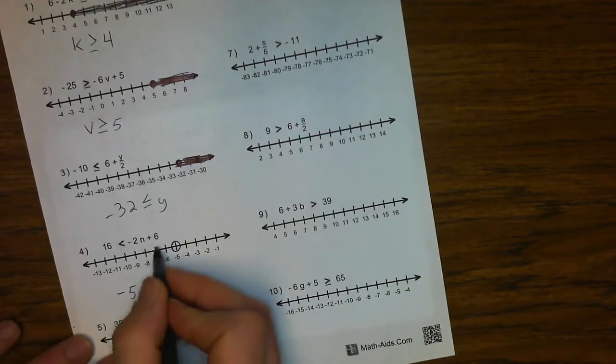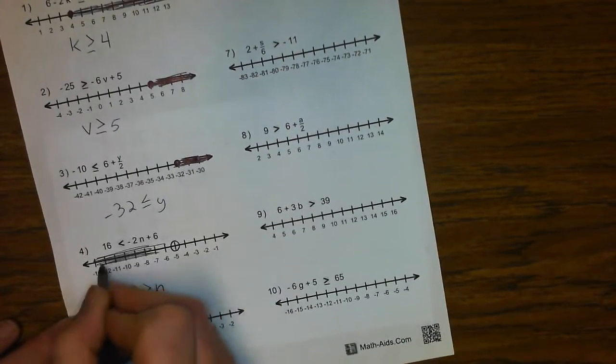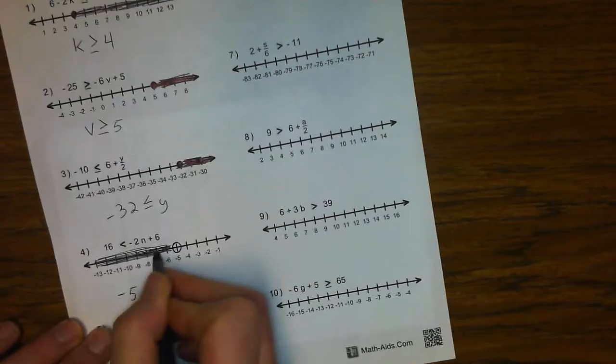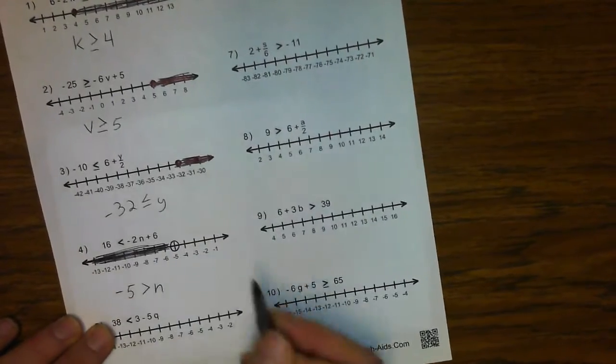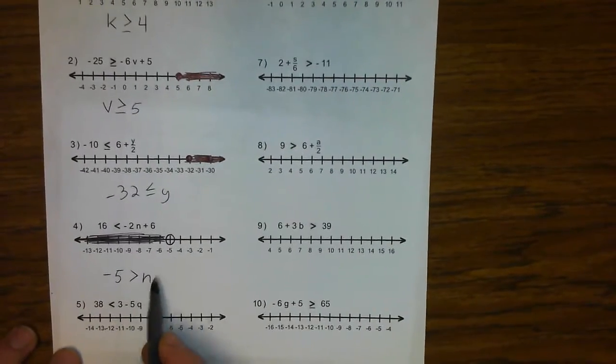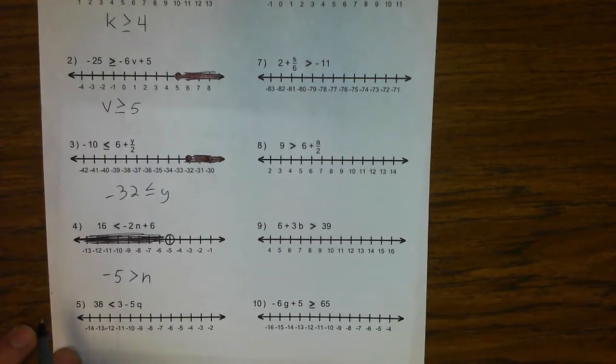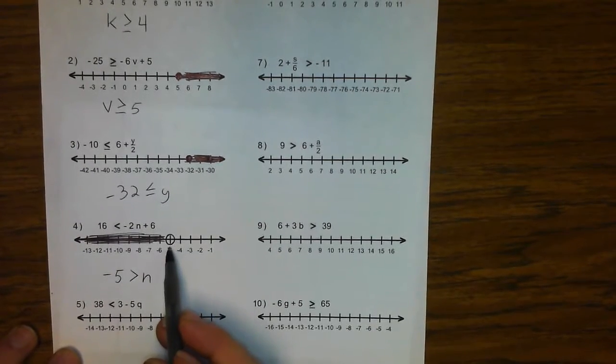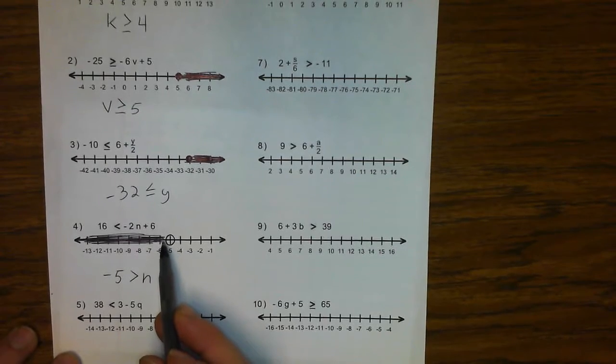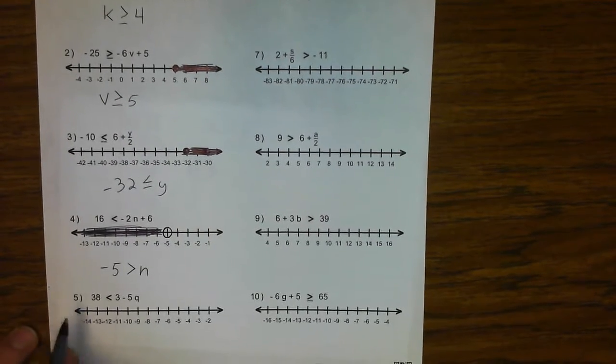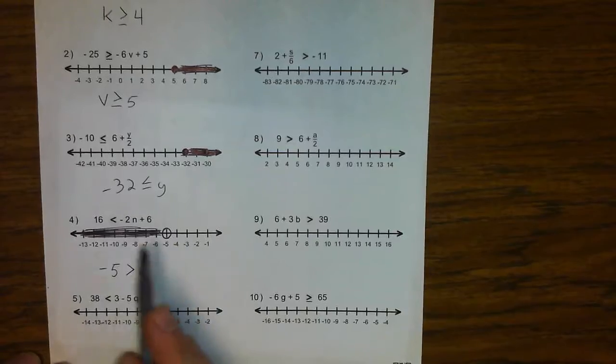Your number is less than negative 5. Okay, so n is less than negative 5. Open circle at negative 5 because n doesn't equal negative 5. N is less than negative 5. Open circle at negative 5, shade to the left.